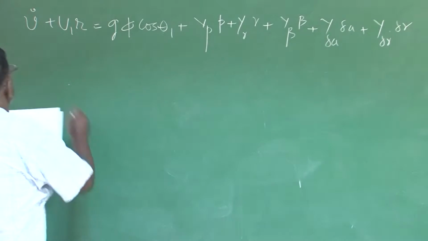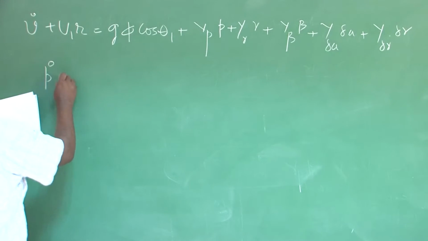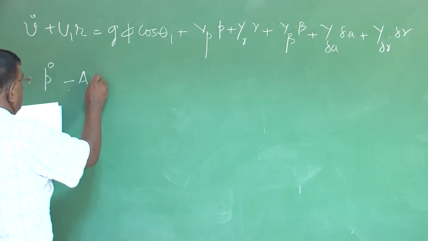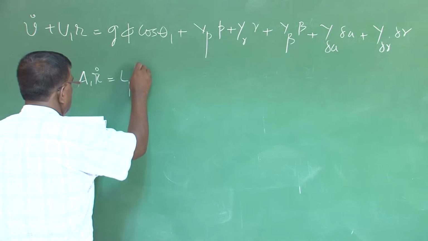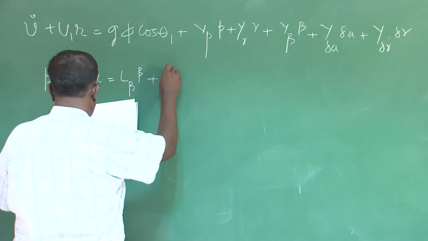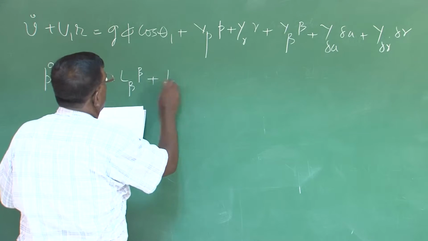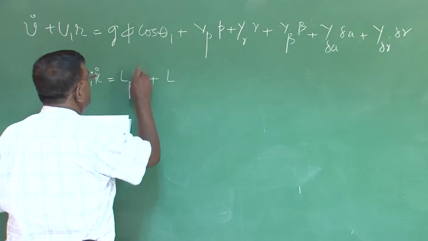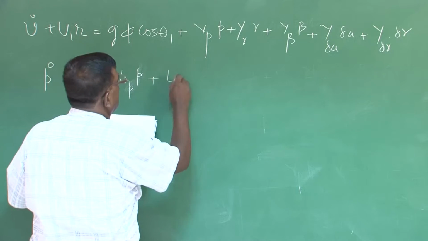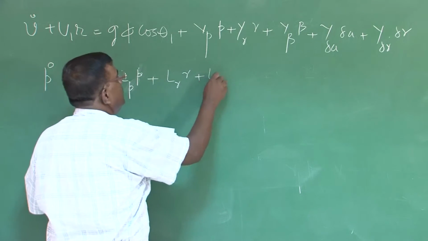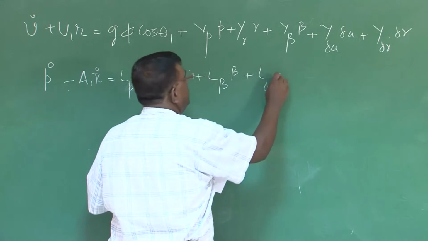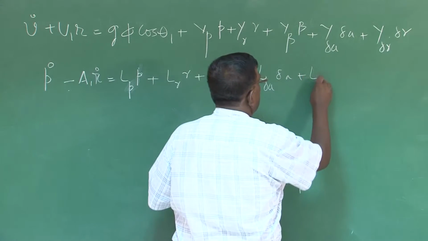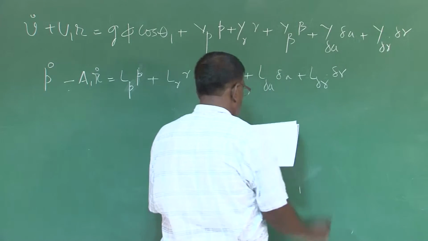Similarly, from the second equation, you will get p dot minus a1 r dot equal to L beta into beta plus Lp into p, same sequence, Lr into r plus L beta into beta plus L delta a into delta a plus L delta r into delta r.